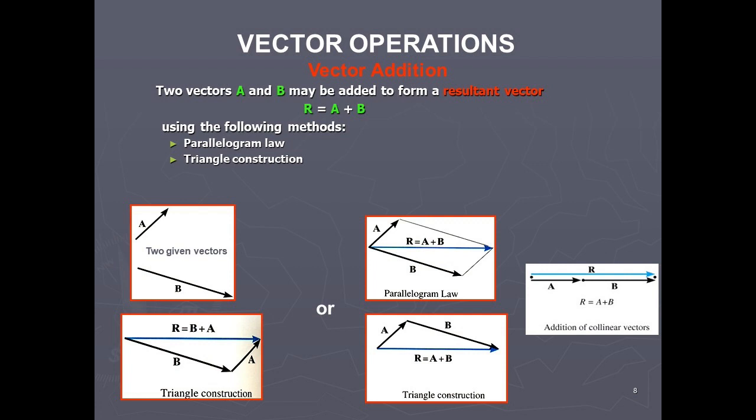Because, okay, let me ask you this. The resultant vector, is it always going to be longer than all the other vectors? Depends on direction of the vector. Not always?